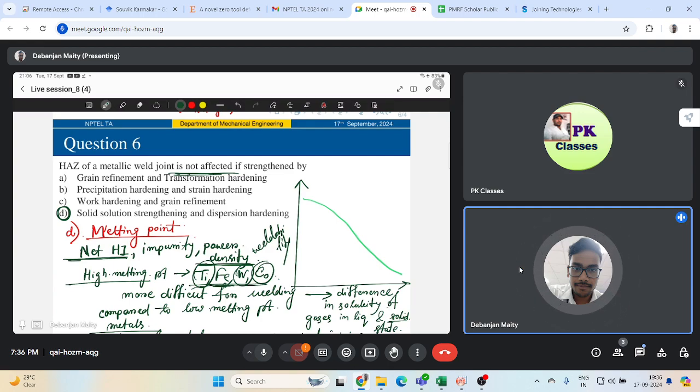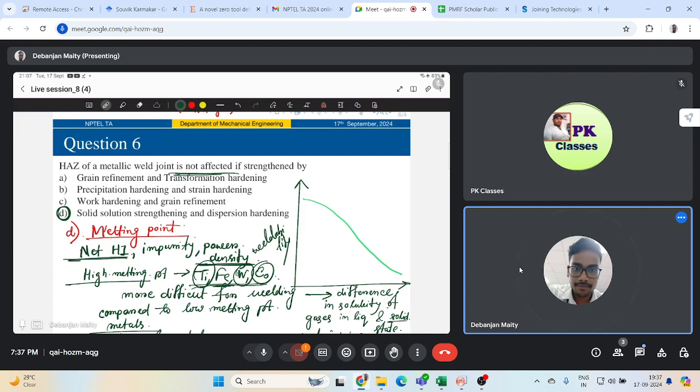If you are trying to dissolve something, it will of course distort, right? That is common sense. And if it is creating distortion, that will restrict the dislocation movement, right? And if it is restricting the dislocation movement, my strength and hardness will get increased.